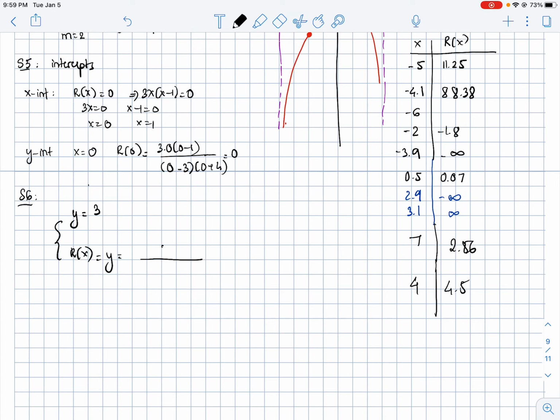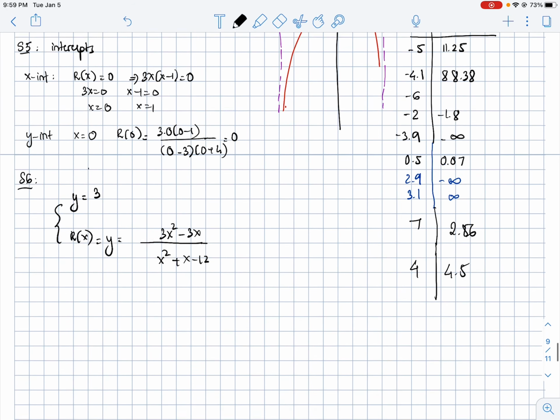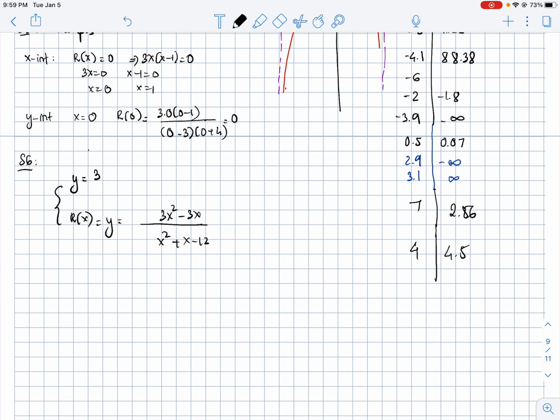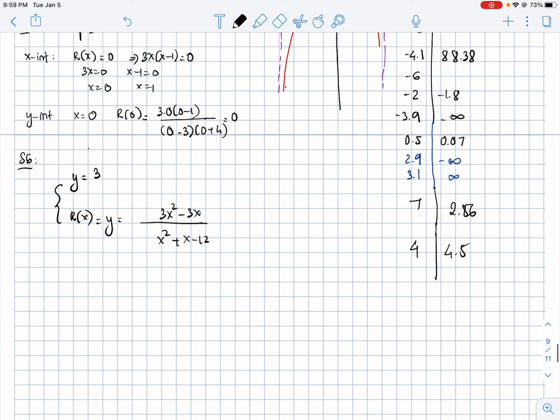So we have the rational function 3x squared minus 3x over x squared plus x minus 12. In order to find the point where they meet, we need to set both of them equal to each other, because y equals both of them.